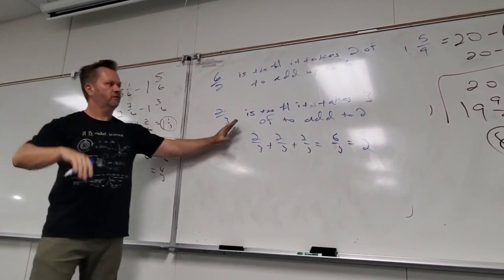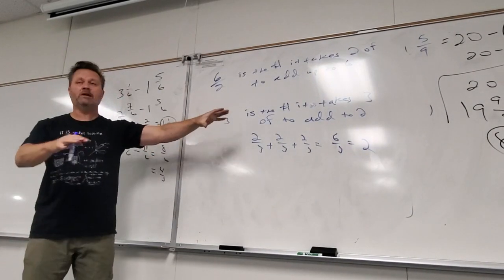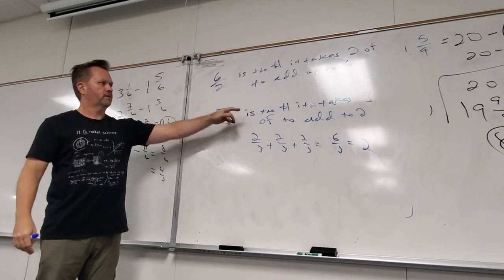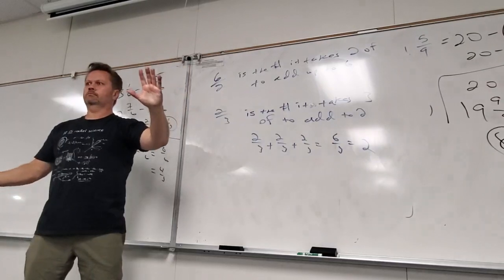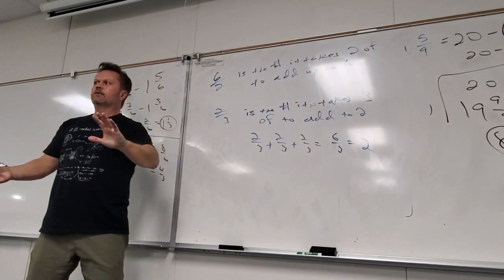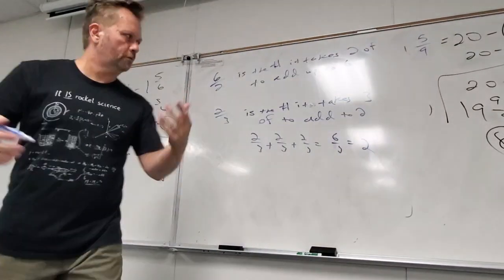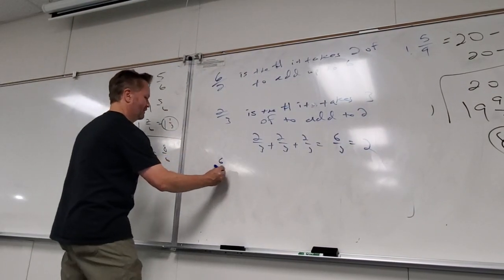So this reinforces the idea that 2/3 is a number. It's the number that I add 3 times to get 2. Okay. So 6/7, what would that be?